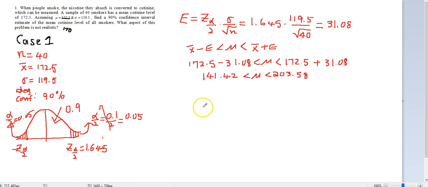Now we will need to write the interpretation there.